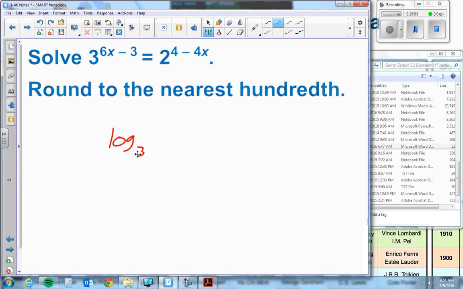So log base 3 of this equals what? 6x minus 3. And it just, no, it gets messy. Now, there is no easy way to do this problem. But I'm going to take the second approach, where I take log of both sides. So write this down. I'll do natural log.